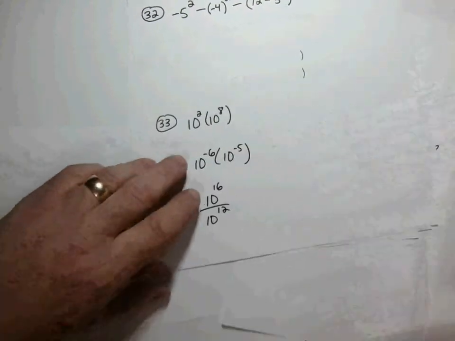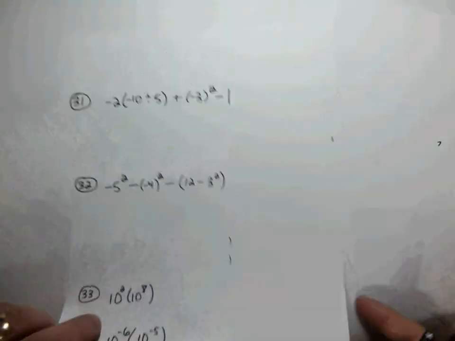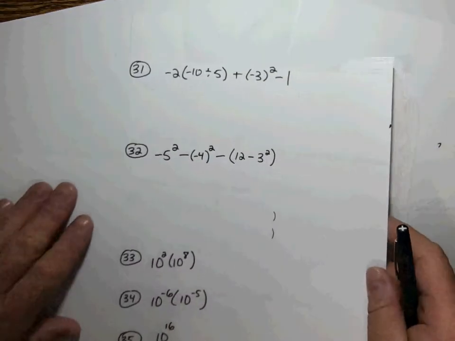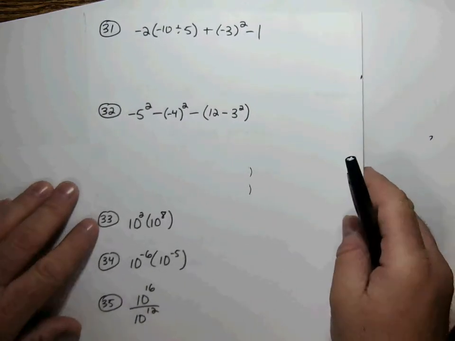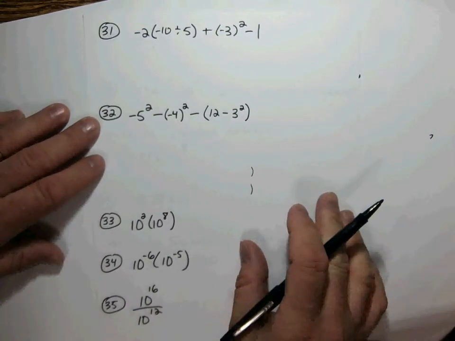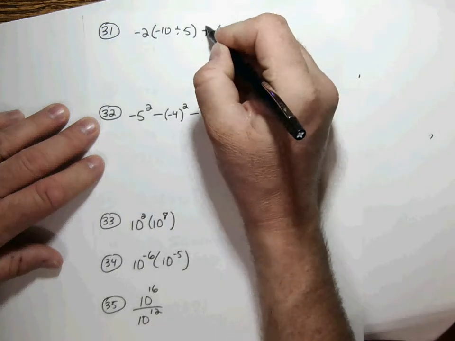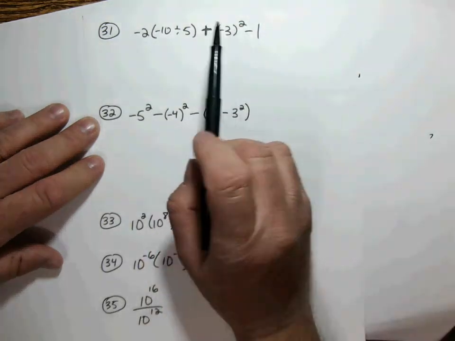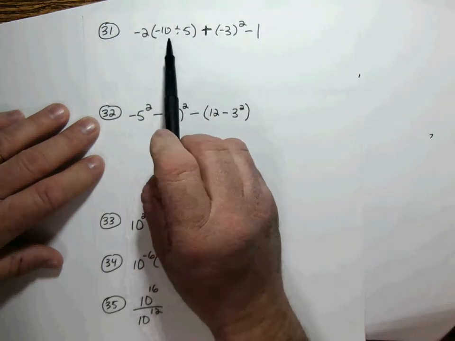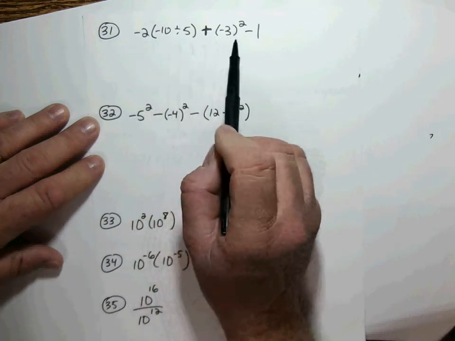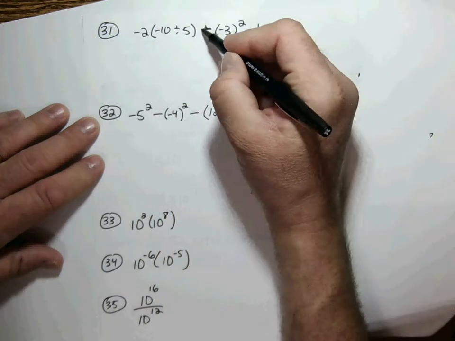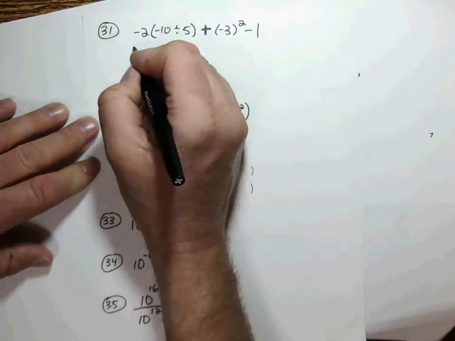Okay, here's a couple more involved order of operations here. Number 31, parentheses, exponents, please excuse. Remember, this plus sign's kind of like the great separator, so I really can do the parenthesis operation and the exponent operation simultaneously because this plus sign is separating those two pieces.